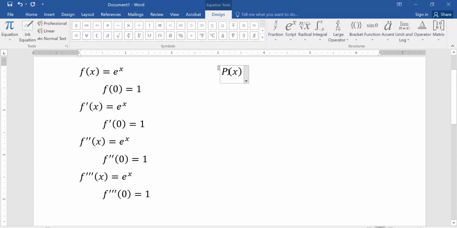So here's the deal. And by the way, this is the notation. A lot of times people will write polynomial sub 3 to mean the third degree Taylor polynomial. So we need to focus on these coefficients.